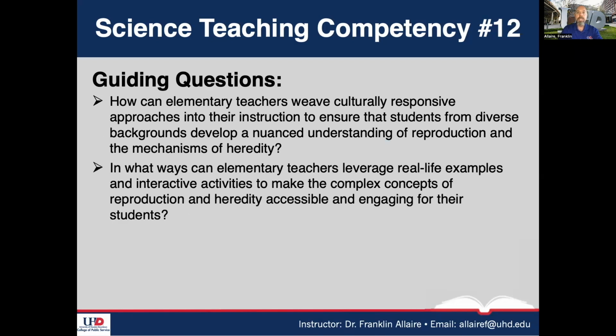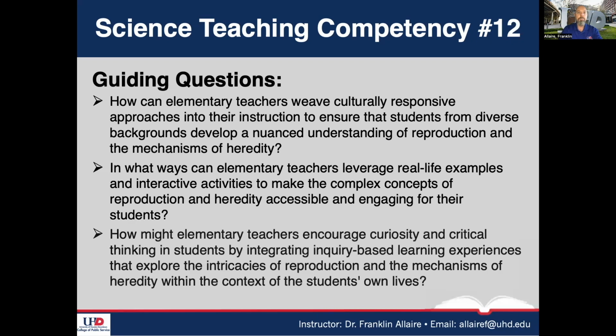In what ways can elementary teachers leverage real-life examples and interactive activities to make the complex concepts of reproduction and heredity accessible and engaging for their students? And how might elementary teachers encourage curiosity and critical thinking in students by integrating inquiry-based learning experiences that explore the intricacies of reproduction and the mechanisms of heredity within the context of the students' own lives.